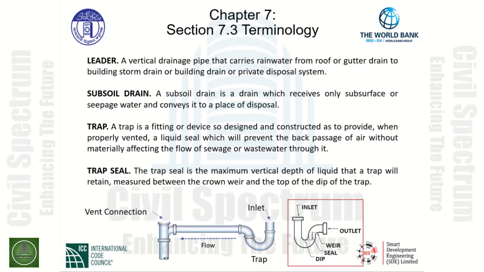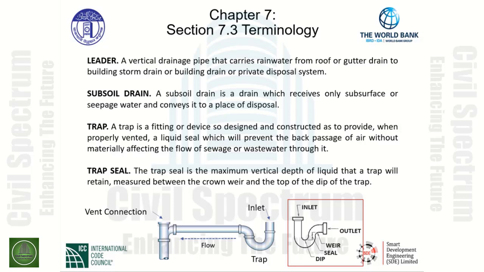Several terms related to rainwater management are as follows. Leader, a vertical drainage pipe that carries rainwater from roof or gutter drain to building storm drain or building drain or private disposal system. Subsoil drain is a drain which receives only subsurface or seepage water and conveys it to a place of disposal.